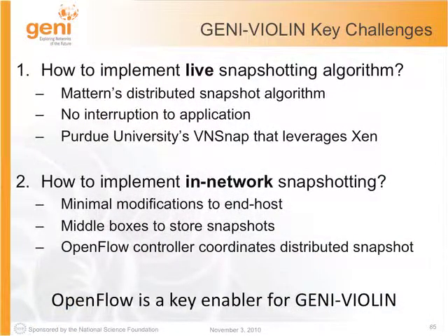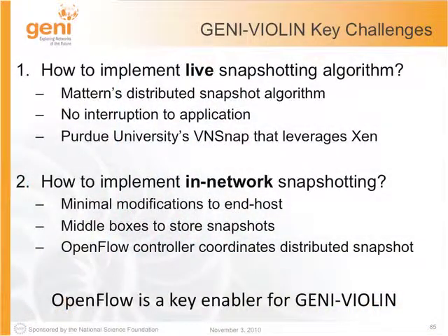There is an algorithm for that, which was developed almost a decade ago, Mattern's distributed snapshot algorithm. That is available, but we have to implement it. The good folks at Purdue University have already done a good amount of work on that. It's called VMSnap, and they have implemented it using existing technology, Xen, leveraging Xen's live migration.